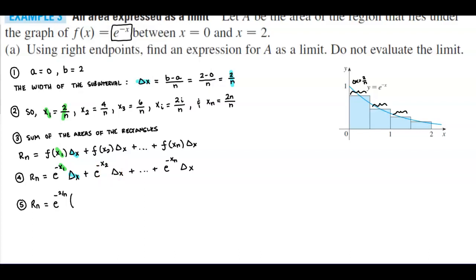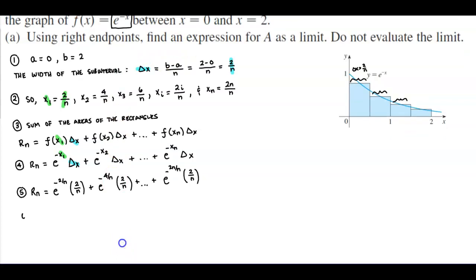So that's going to be multiplied by 2 over n, and then plus e to the negative 4 over n times 2 over n, plus e to the negative 2n over n times 2 over n, which is the width.